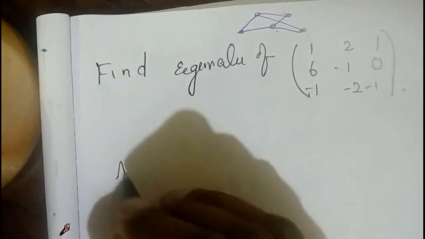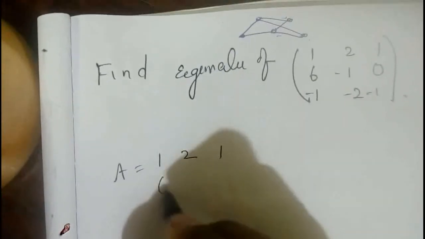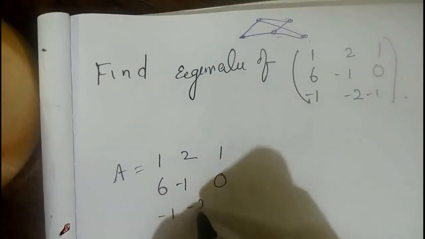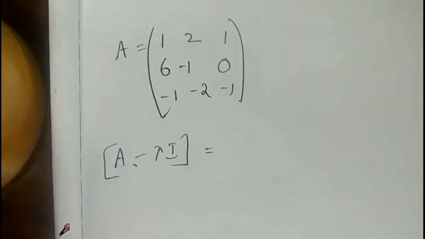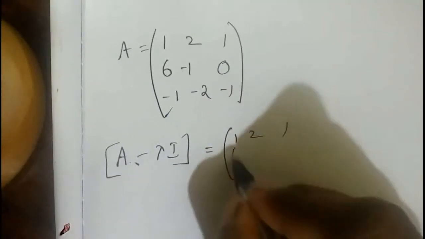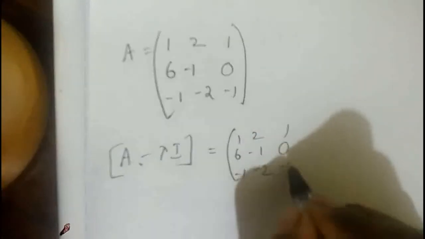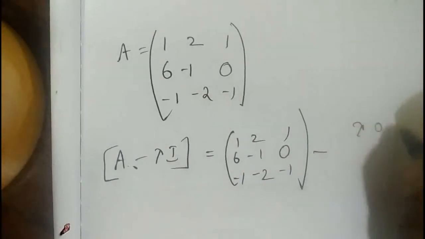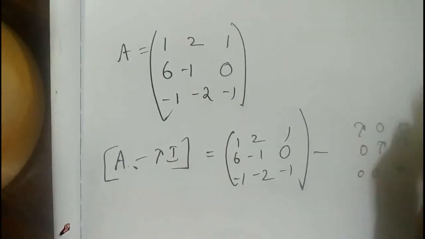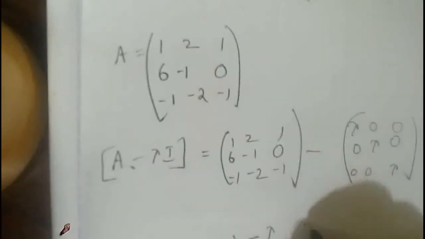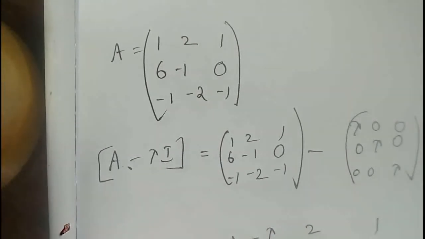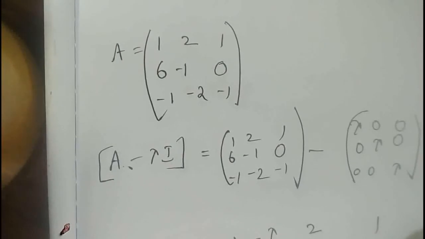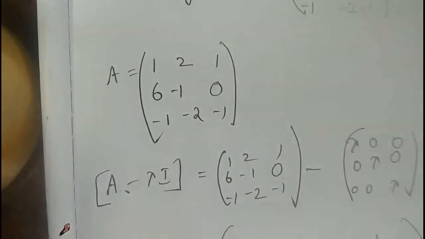First, find the characteristic matrix A minus lambda I. So 1, 2, 1, 6, minus 1, 0, minus 1, minus 2, minus 1, minus lambda times the identity matrix. We get 1 minus lambda, 2, 1, 6, minus 1 minus lambda, 0, minus 1, minus 2, minus 1 minus lambda. So this is the matrix.